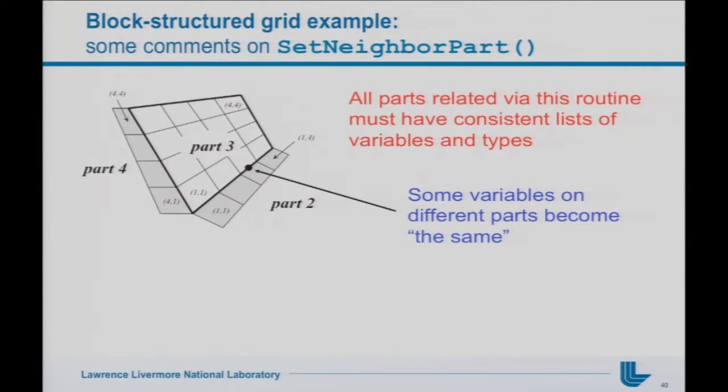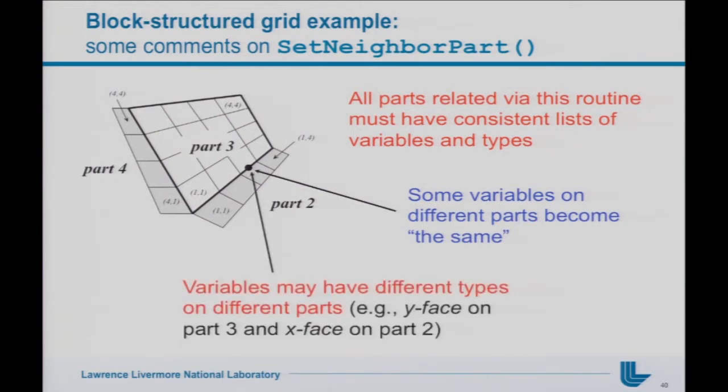When you make this set neighbor part call, some of the variables become the same. So this one, for example, this edge face variable, or face, what am I calling them here? Yeah, they're called face, I guess, in 2D. But it's owned or shared by both part 3 and part 2, okay?